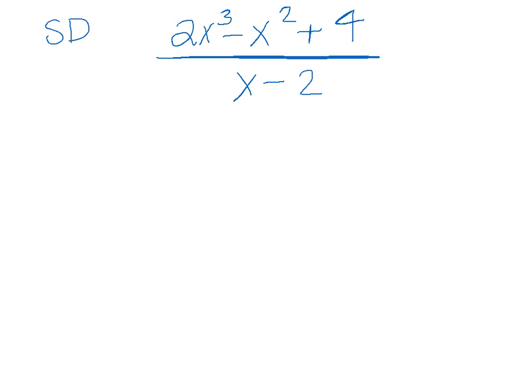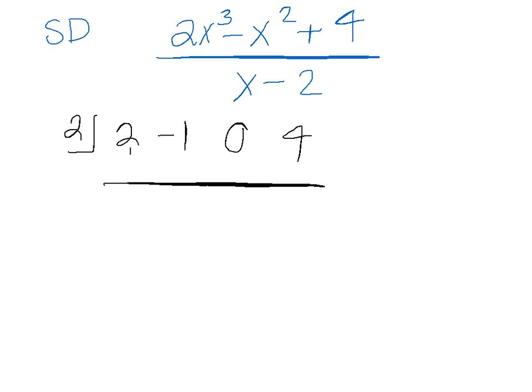So there is a problem with synthetic division, so I'm going to set up my row of coefficients. Since I'm missing an x, I need to put a 0 in. And the key thing for us to remember is our box number when we're actually dividing is always the opposite of whatever number is in our divisor. So I'm going to use 2.